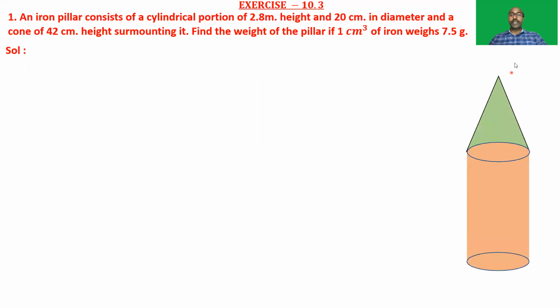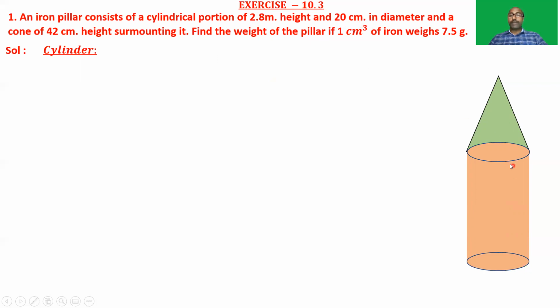So in this picture, a cylinder is surmounted by a cone, and it is given that the height of the cylindrical portion is 2.8 meters and the diameter is 20 centimeters.